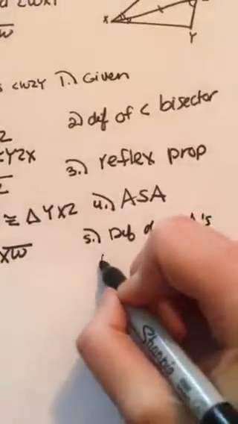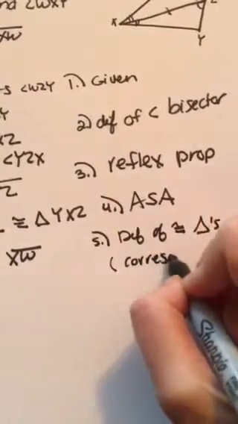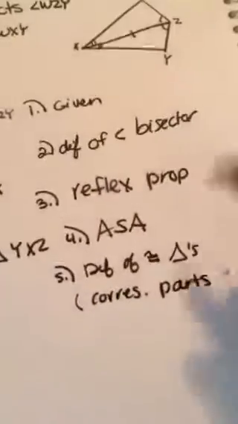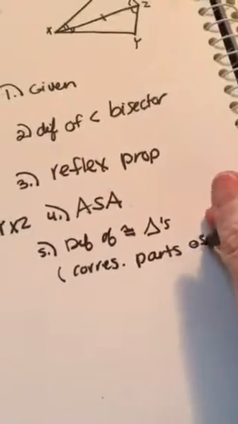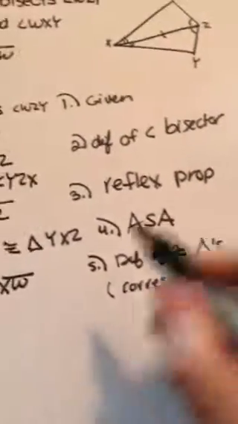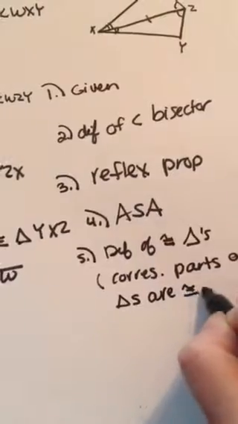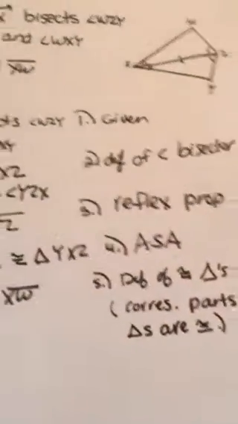Basically what that says is corresponding parts of congruent triangles are congruent. And that proof is done.